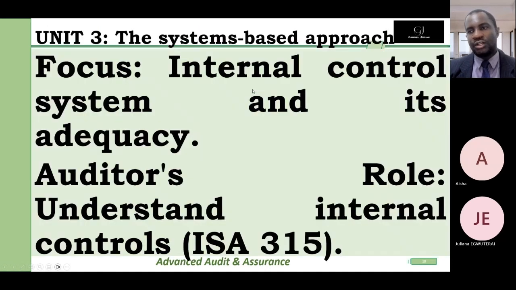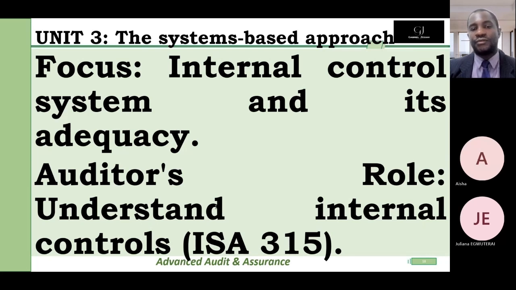This approach focuses on internal controls and their adequacy. As auditors, our role is to understand the internal controls based on ISA 315. It's very essential we understand the controls of a business, and International Standard on Auditing 315 is a guide that helps us understand this area very comprehensively.